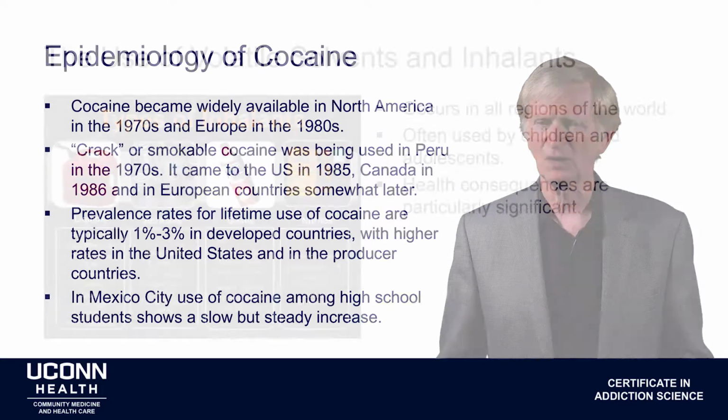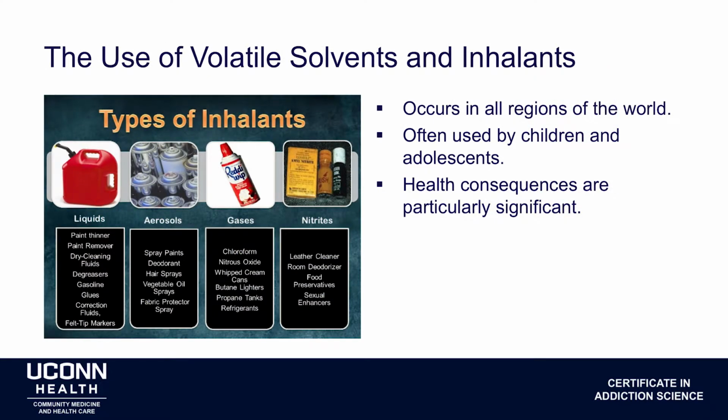Another type of drug which is very particular to certain populations is the use of volatile substances and inhalants. This comes in the form of sniffing liquids like gasoline, aerosol cans, and other types of volatile substances that people can get their hands on, usually from industrial products.